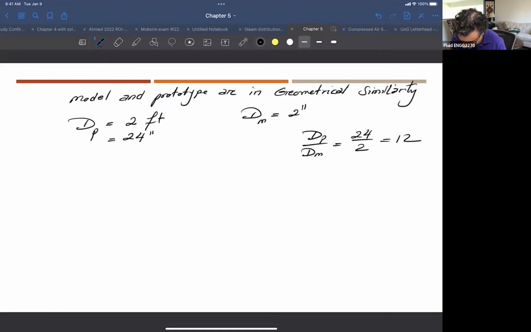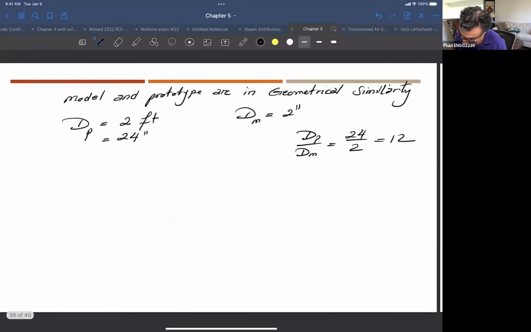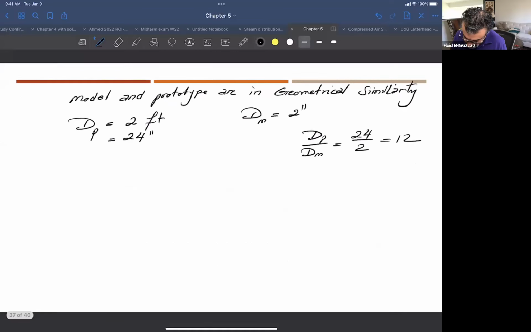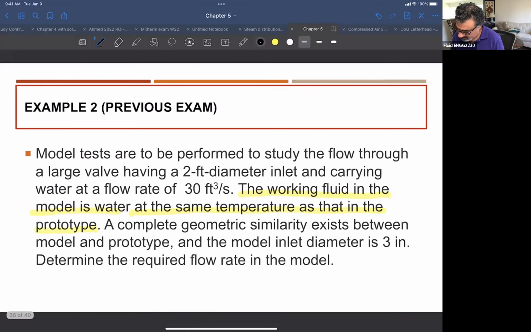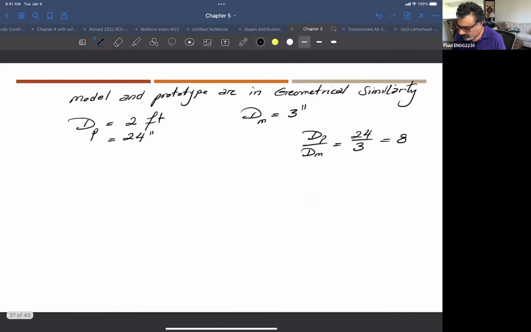Is it 3 inch? Sorry, yeah, it's 3 inch. So it's 3 inch and it's 2 feet, so 24 divided by 3, right?